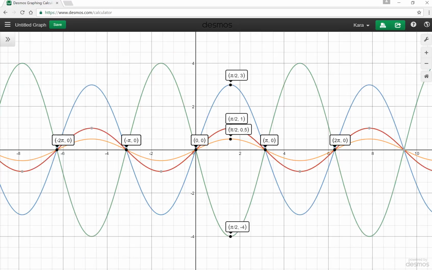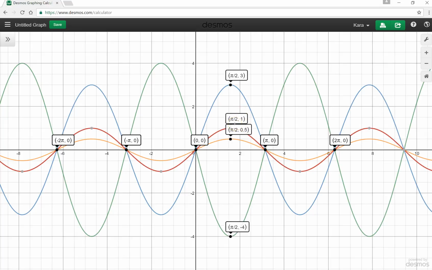So what I've done here on Desmos is tap on all my x-intercepts, so you can see the x-intercepts for all four of those graphs are the same, and I've also tapped on the maximum and minimum points. For the first curve, my original graph, the red one, my maximum's at 1.